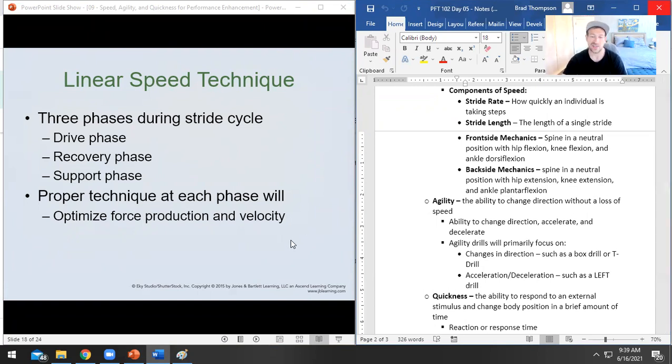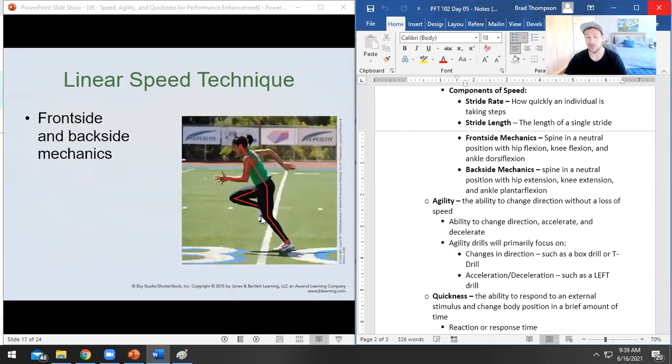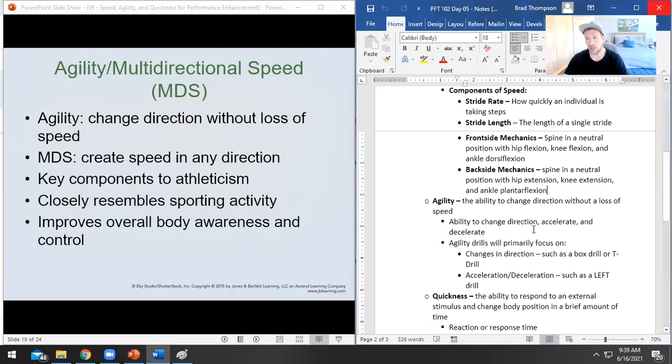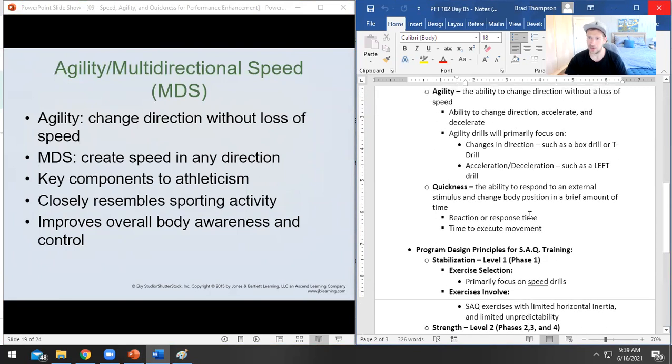That's why it's really important to learn to perform plenty of knee flexion, plenty of hip flexion, and plenty of dorsiflexion, which I would argue is the most important part. All of it's important, but dorsiflexion is the one I see people struggle with the most. So those are the components of our speed drill.